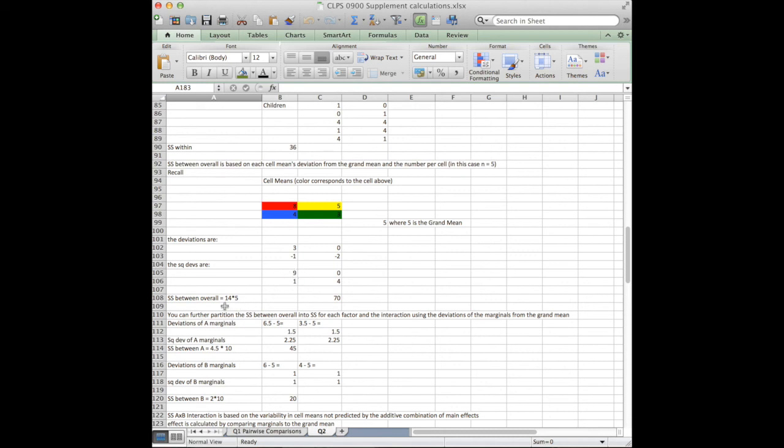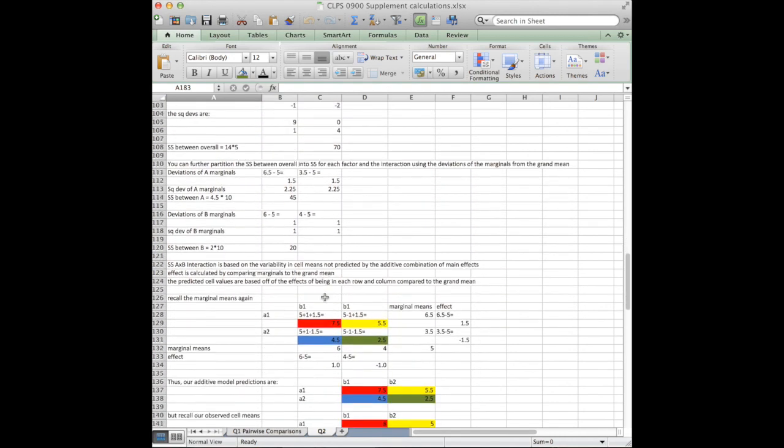So that would be 14. And then we would multiply that by the number of observations per cell. So in this case, it was 5. So 14 times 5 gives you 70. And 70 is your sums of square between overall term.